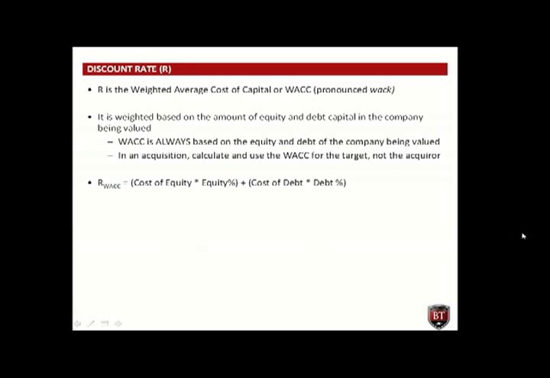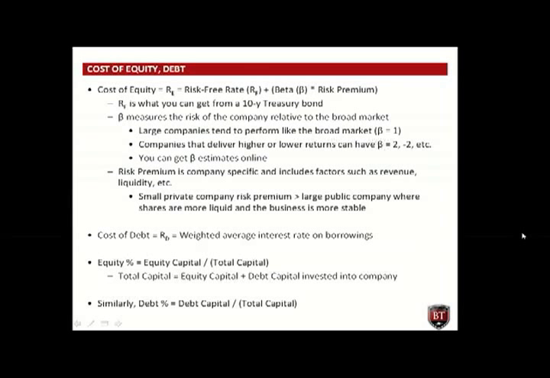Now, when you value companies, the discount rate is calculated as the weighted average cost of capital, or WACC, W-A-C-C. It's essentially the cost of equity capital multiplied by the equity percent in the company plus the cost of debt capital multiplied by the percentage of debt in the company, and we will get into details on that.